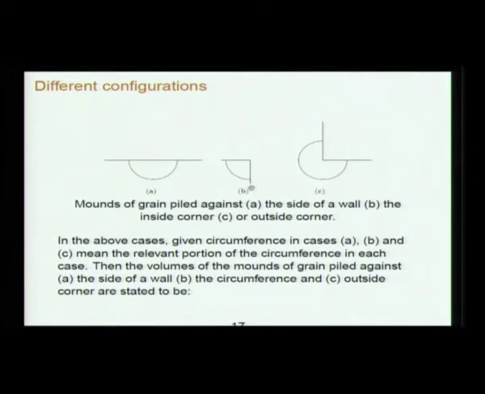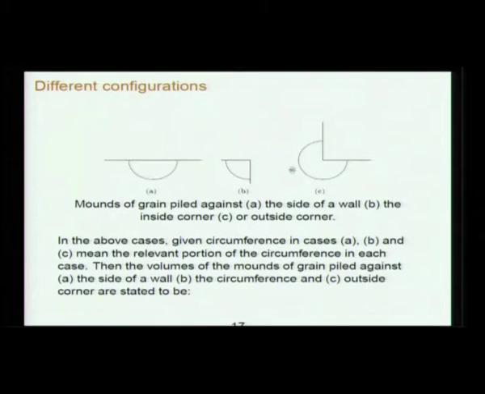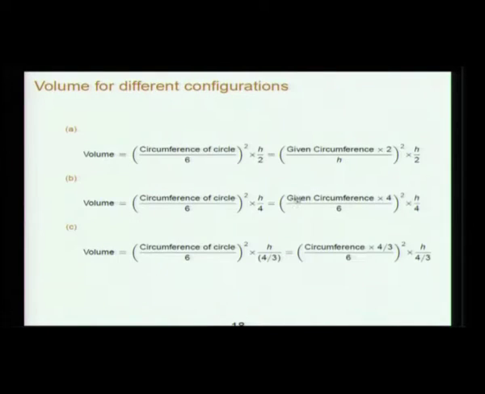Then grains stocked in a conical manner at the outer corner cover 3/4 of the circumference. For that also the volume expressions are given, again essentially taking circumference by diameter approximately equal to 3.